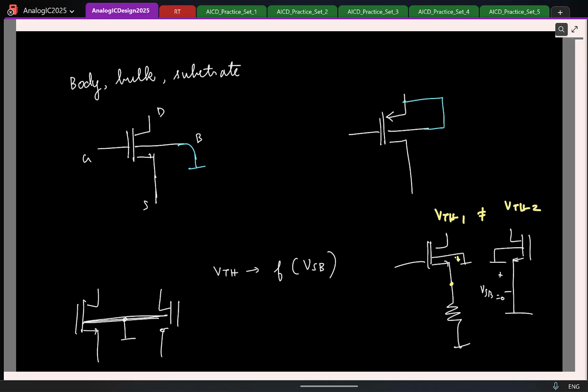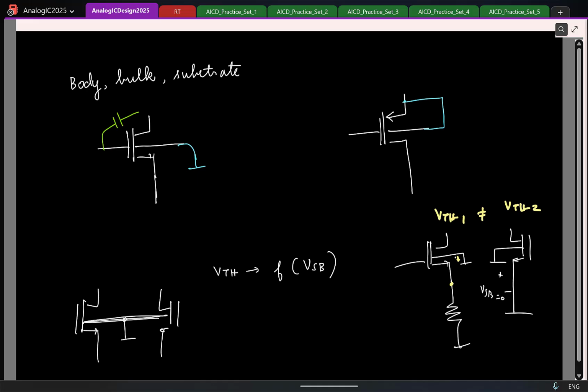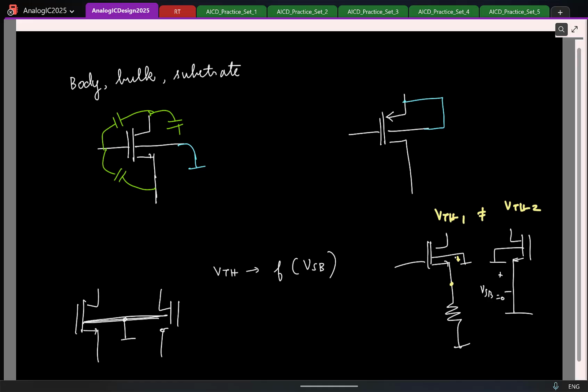The point I wanted to make here is the following. As I already mentioned, you have parasitic capacitors between each two terminals of the MOSFET. So from gate to drain you have a capacitor, gate to source you have one, drain to bulk, source to bulk, everywhere. The thing to have in mind is that the gate to source capacitance is typically the dominant capacitance.